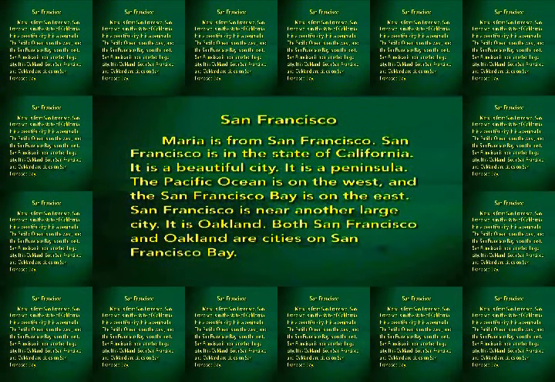Hello again. In this lesson, we'll study questions and answers with the verb be. Listen carefully to this passage. Remember, a passage is a story. San Francisco. Maria is from San Francisco. San Francisco is in the state of California.